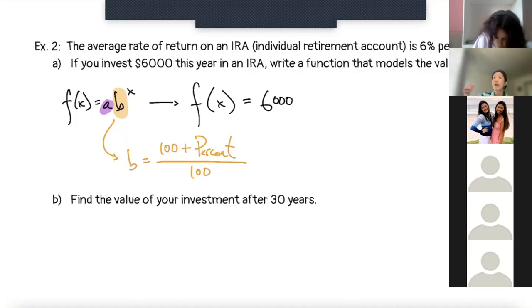This is a rate of return, meaning every year you get 6% more. And so instead of percent, we're going to put in that 6. Okay, so 100 plus 6 divided by 100. Make sure you have the appropriate parentheses when you put that into Desmos. And what do you get as your b value?